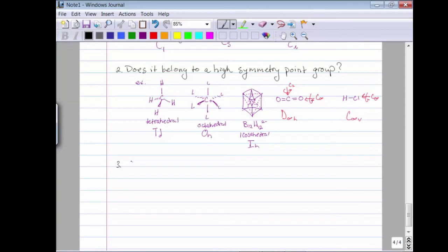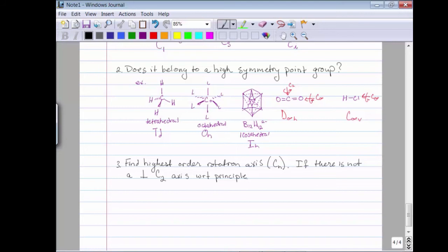And number 3 is to find the highest order rotation axis. After you find that, if there is not a perpendicular C2 axis, so perpendicular to the highest order axis, with respect to the principal axis, or the highest order rotation axis, I'm using those two things interchangeably.